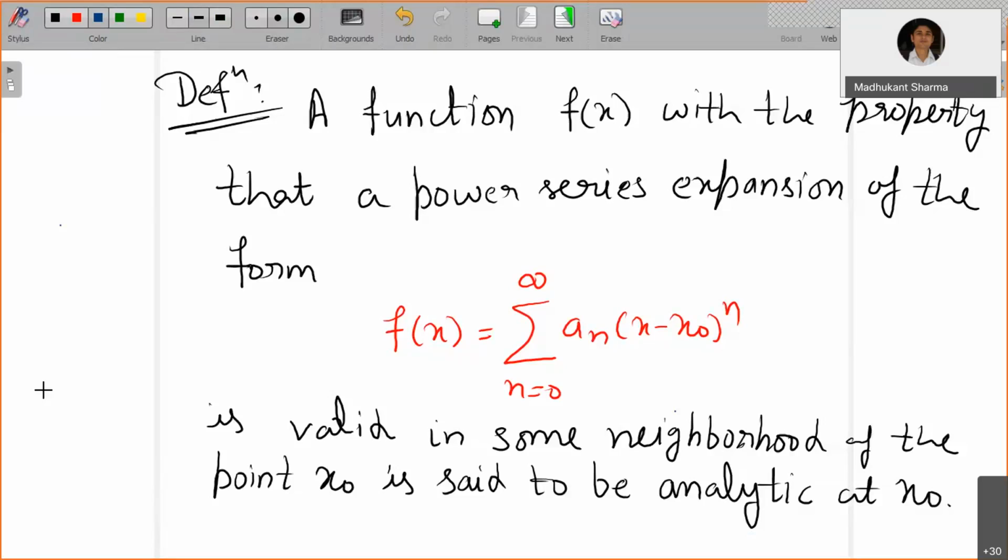And we have also seen that in the interval of convergence, the power series expansion of a function has very nice properties, such as you can differentiate term-wise, you can integrate term-wise, means you can perform the derivative on each individual term and then sum up again. And you can also perform the integral of each individual term, and then take the sum of it.